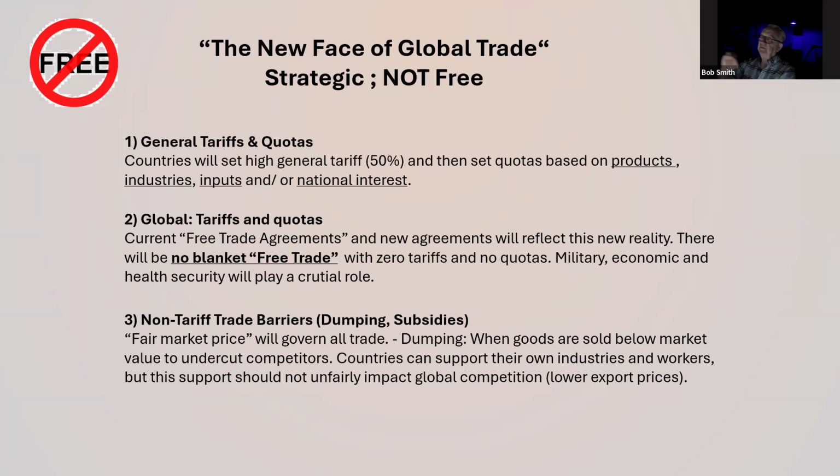The reason for that high 50% is that you can come down from there, you can't go up. And 50% is usually looked at as a no-go rate. You're going to do little or no trade at a 50% tariff.